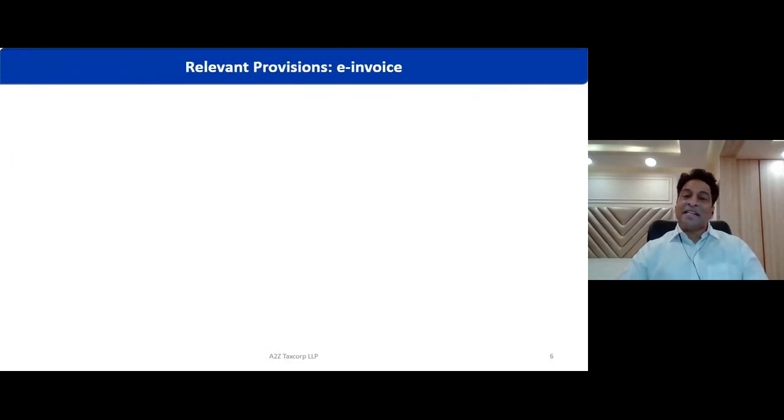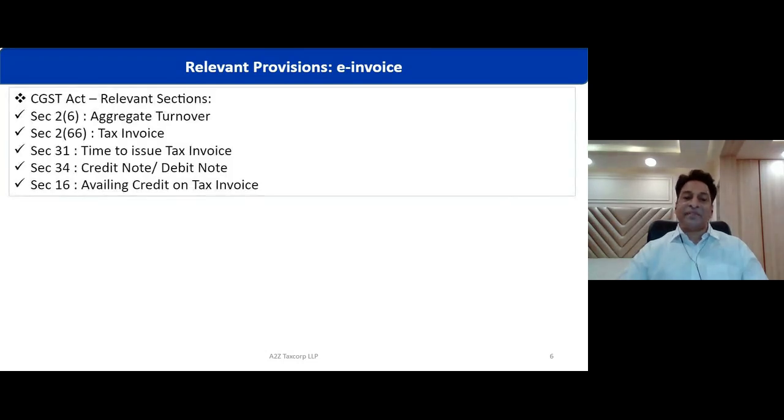Now I'm going to highlight some of the relevant provisions, which are very important for understanding all perspectives pertaining to e-invoice. These relevant provisions I'm highlighting first from the CGST Act perspective, and similar provisions are applicable under the SGST, UTGST, and IGST Acts. We are going to discuss today the meaning of aggregate turnover.